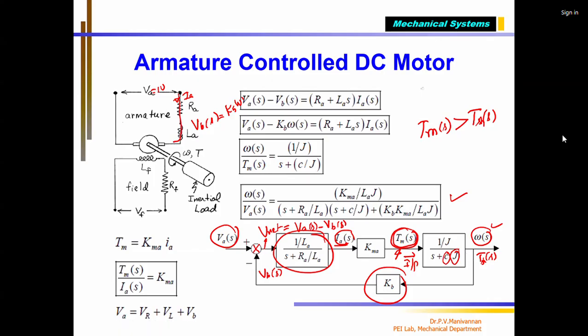We say that T net, finally available to drive the motor, is nothing but Tm minus T shaft. Some books call it T net, some books call it T frictional. Friction due to moment of inertia and the friction in the bearing will reduce some amount of the torque. So only the remainder will be available for driving the load.